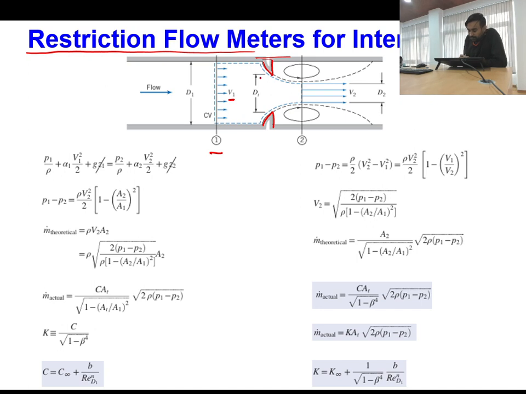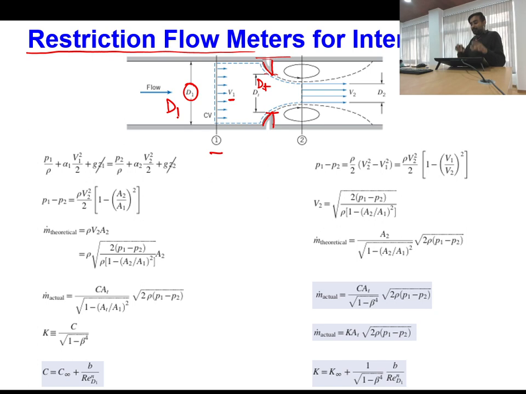When this flow passes through the throat section, this section of reduced area is what is called the throat. That's why I have defined this diameter, the symbol for this diameter is dt, the diameter at the throat section. And the previous diameter is d1, which is the diameter at the inlet section. Fine.